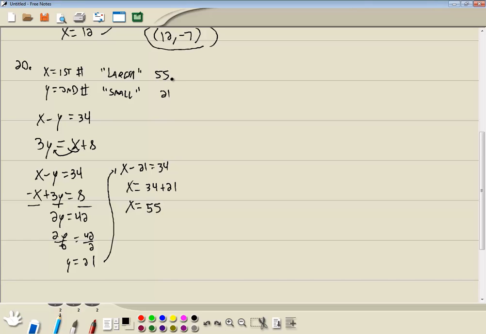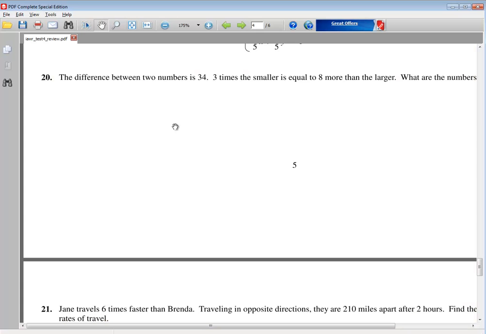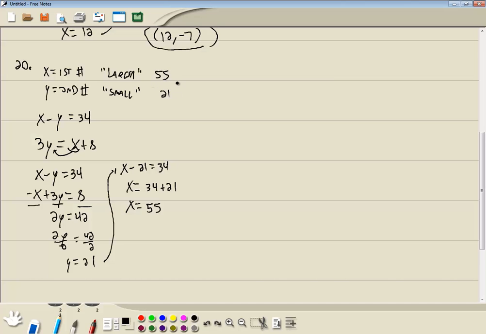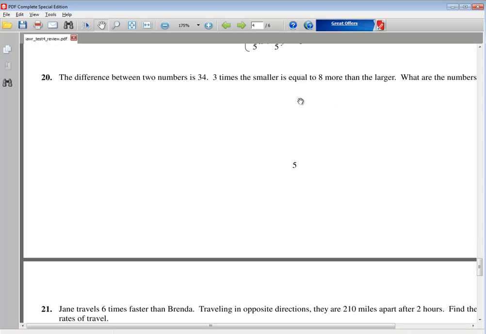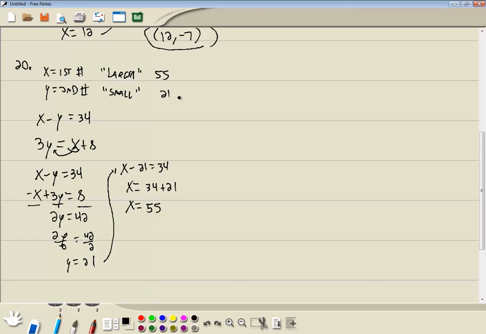Let's see if that fits with what we've said. The difference between the two numbers is 34. 55 minus 21 is 34. That works. 3 times the smaller, 3 times that is 63.